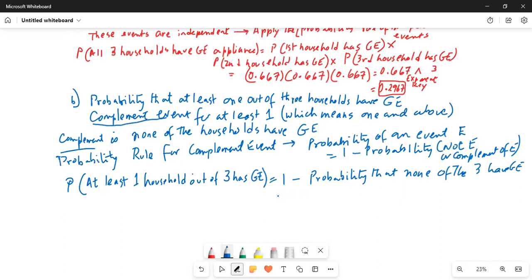But out of three, none of the three have GE means these are independent events.